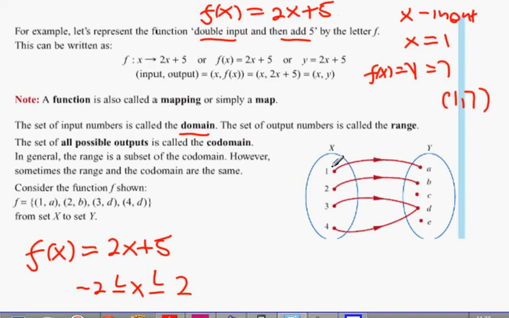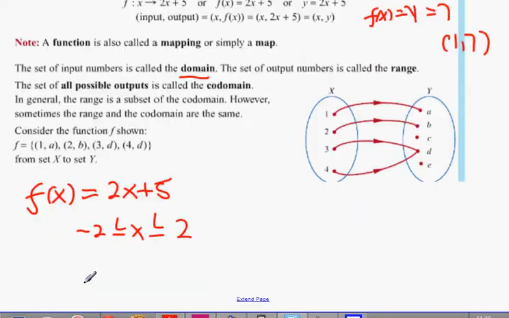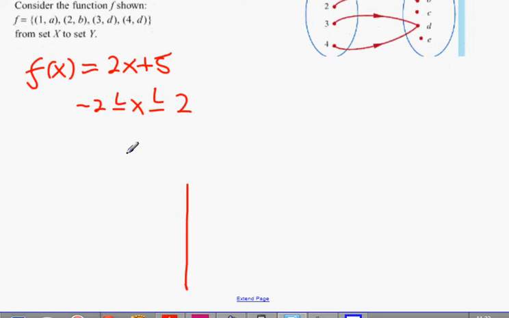The set of outputs is called the range. So for my question here, the inputs are going to be minus 2, minus 1, 0, 1 and 2. What's the output then? It's going to be 1. It's going up 2 every time, so this one's going to be 3, 5, 7, 9.